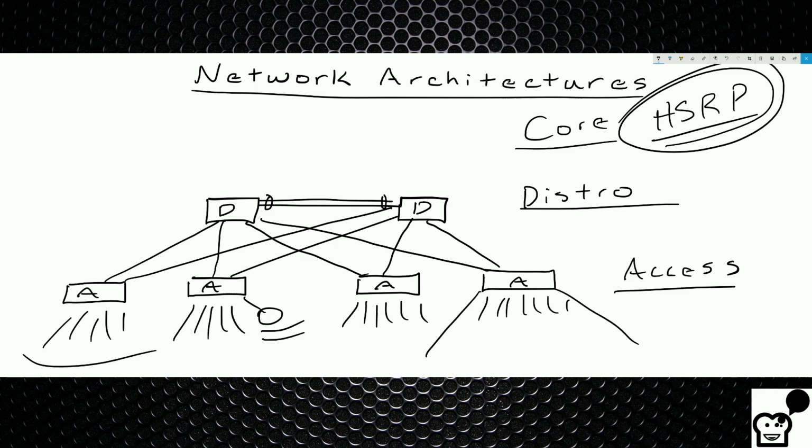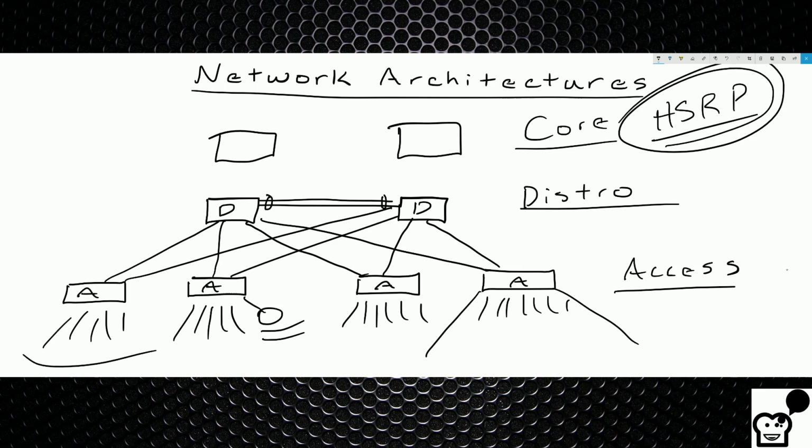You don't have to have a completely separate layer in your architecture to run core services and route fast between your different nodes. If you don't have that many users, you can definitely get away with just using your distribution switches for this. And you can mirror it on the other side if you want to look at it like that.